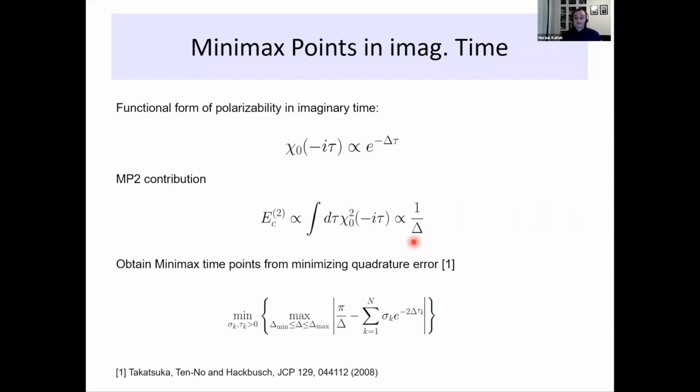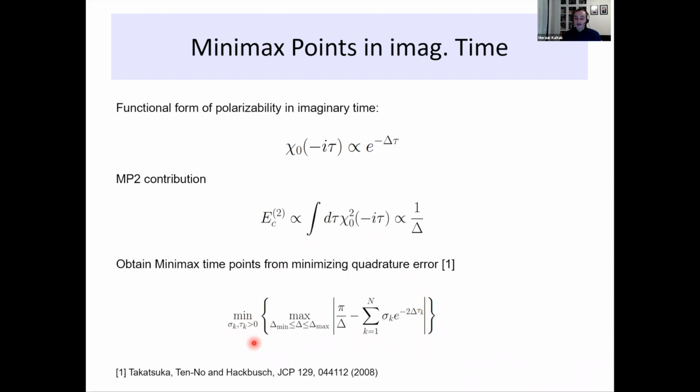And now to obtain the time grid, we again minimize the quadrature error, now in imaginary time. Okay, so we solve this minimization problem, and this will give you an optimum time grid to evaluate this integral.